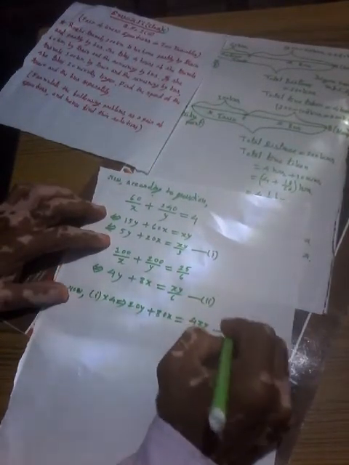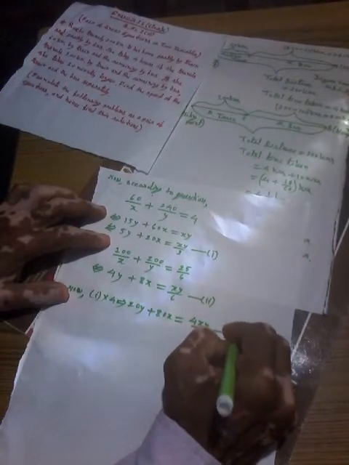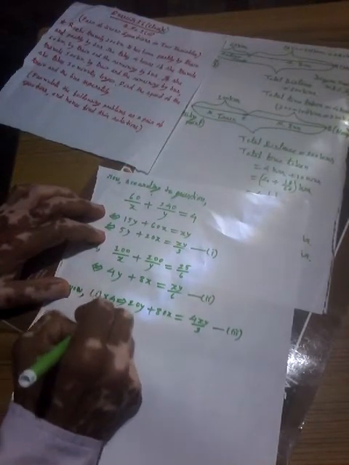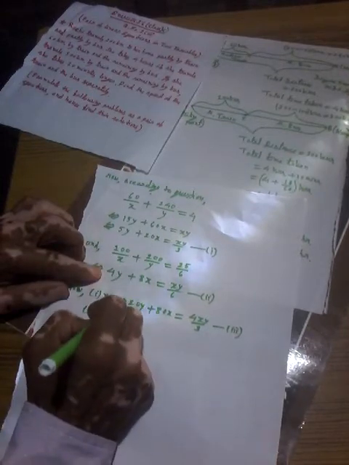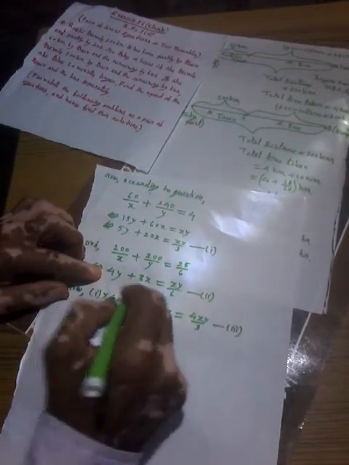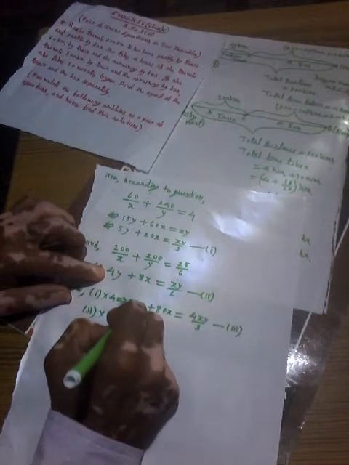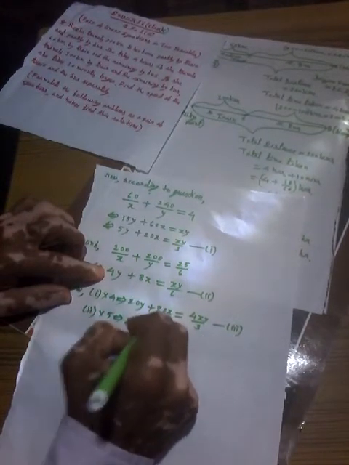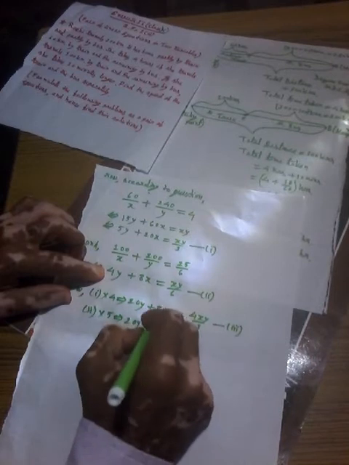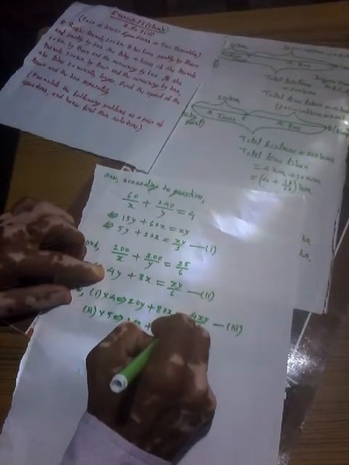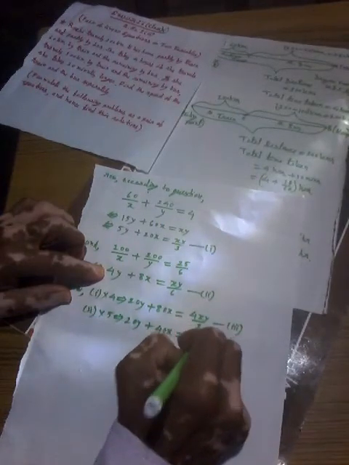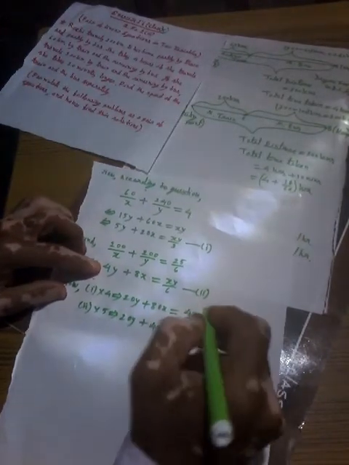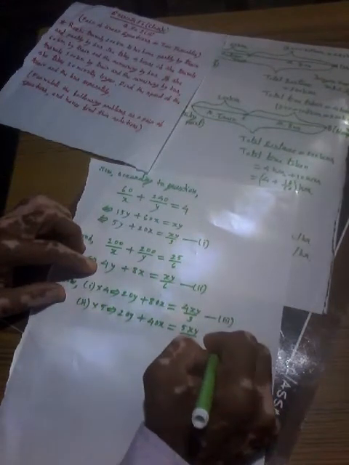Let us name this relation as 3. 2 into 5, coefficient of y 5. 2 into 5 is equal to 20y plus 40x is equal to 5xy by 6. Let us name this relation as 4.